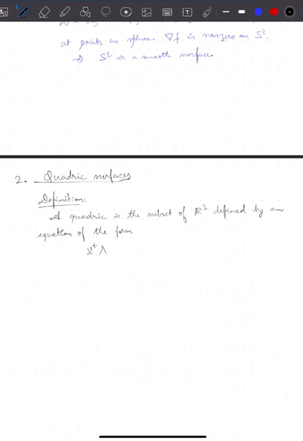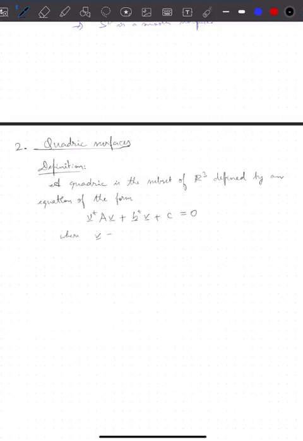V vector transpose A V vector plus B vector dot V vector plus C is equal to 0, where V vector is equal to (x, y, z), and A is a constant symmetric 3 cross 3 matrix.